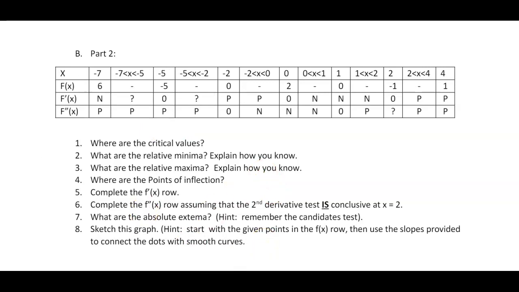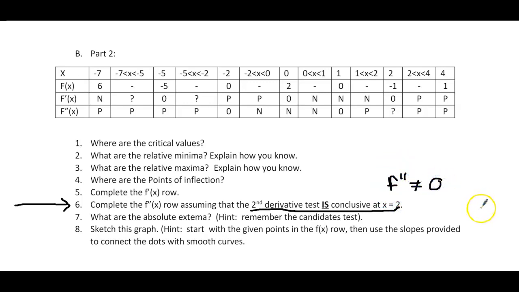Go ahead and take a look at number 6. Complete the f double prime row, assuming the second derivative test is conclusive at x equals 2. All right. So if the second derivative test is conclusive, that means that f double prime cannot equal 0.